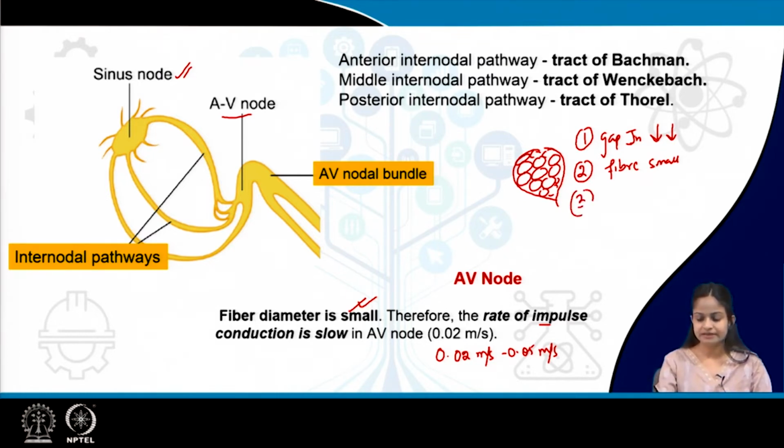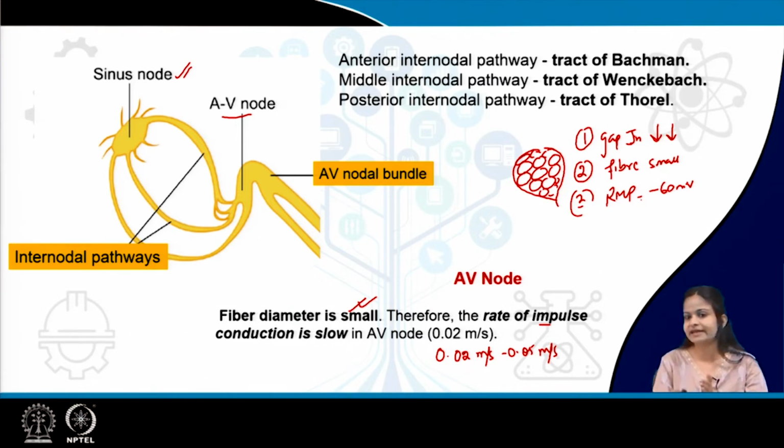The third thing is the resting membrane potential in case of the AV node is minus 60 millivolt. Normally, the ventricular myocytes have a resting membrane potential of minus 90 millivolt. Now, depolarization means influx of positive ions or cations.